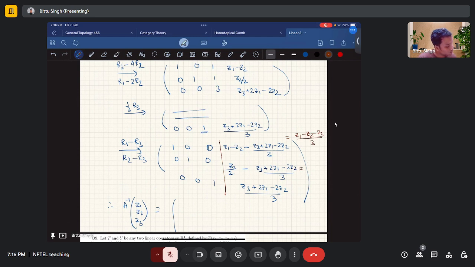For the next, there will be 6 below: 3Z2 plus 4, that is 7Z2, minus 2Z1 and minus 2Z3.